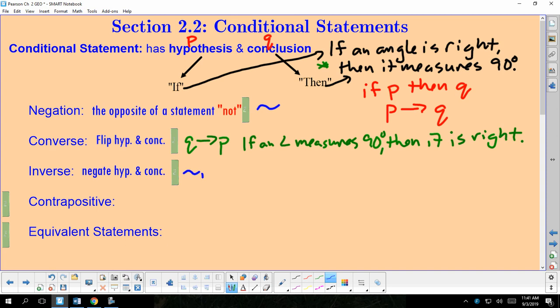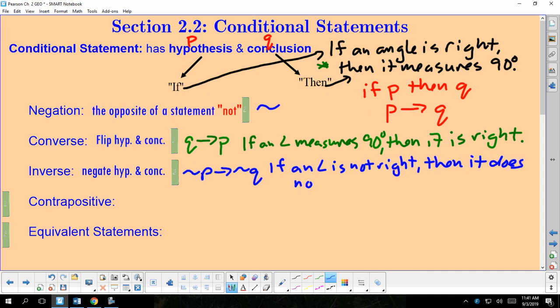So this goes not P, then not Q. So using my original example, if an angle is not right, then it does not measure 90 degrees.